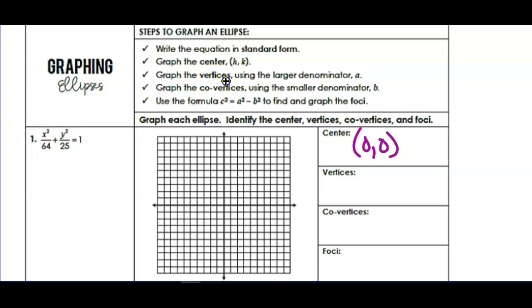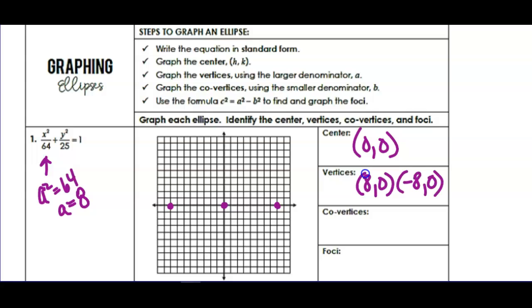You're going to graph the vertices by taking the larger denominator and square rooting. Remember, this is A squared. So A is 8, and it's under the X. So from the center, I'm going to go 8 this way and 8 this way. So the vertices are going to be at 8, 0 or negative 8, 0.